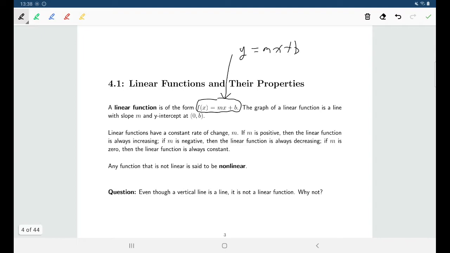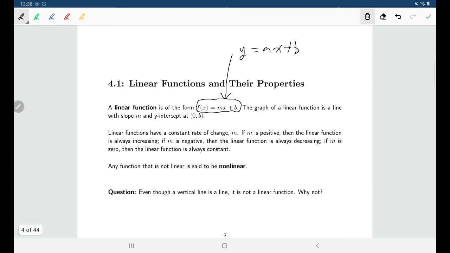So we know right away that y equals mx plus b is a line with a slope of m and a y-intercept of 0, b. So if we wanted to, we could graph it or do any sort of thing that we'd like with it.